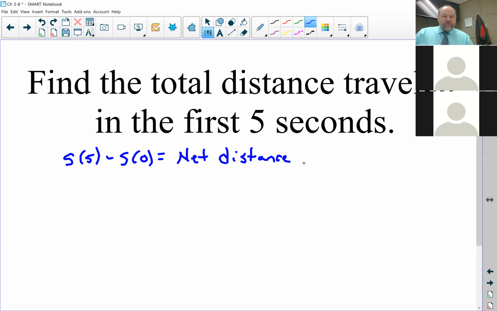Because the particle is moving forward from 0 to 1, we can just take that distance. Then it moves backward. So what we're going to do is take the absolute value of the distance that it travels from 3 to 1.